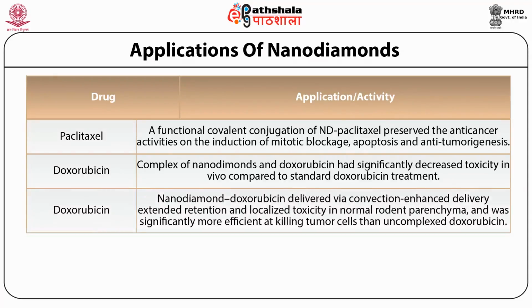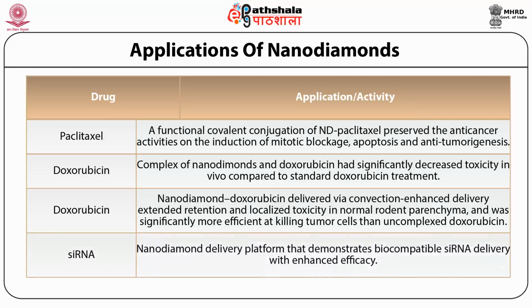Then nanodiamond-doxorubicin delivered via convection enhanced delivery extended retention and localized toxicity in normal rodent parenchyma, and was significantly more efficient at killing tumor cells than uncomplexed doxorubicin. Then there is an siRNA nanodiamond delivery platform that demonstrates biocompatible siRNA delivery with enhanced efficacy.